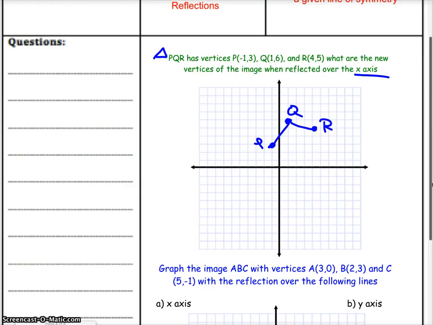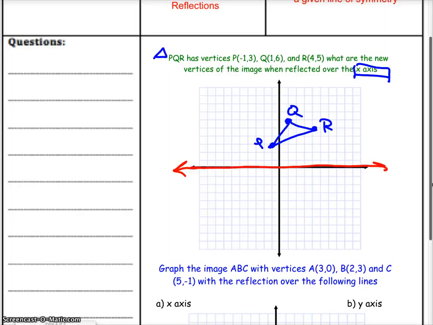So here is my original triangle. I plotted the vertices and connected them: triangle PQR. Now I'm going to reflect over the x-axis. Some kids flip this around, don't be one of them. What I tend to do is highlight my line of symmetry so I know that's what I'm looking at.